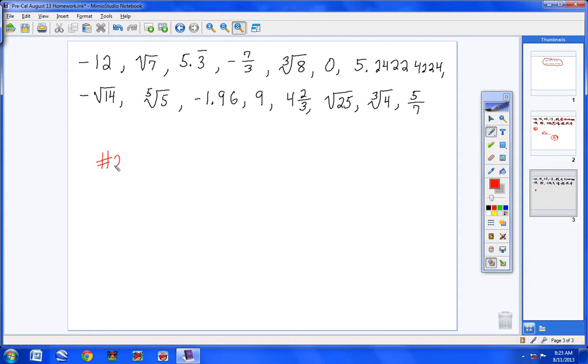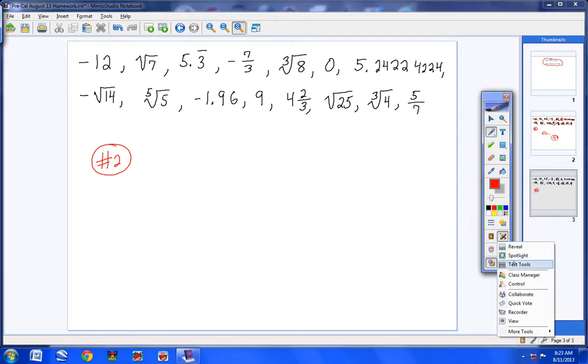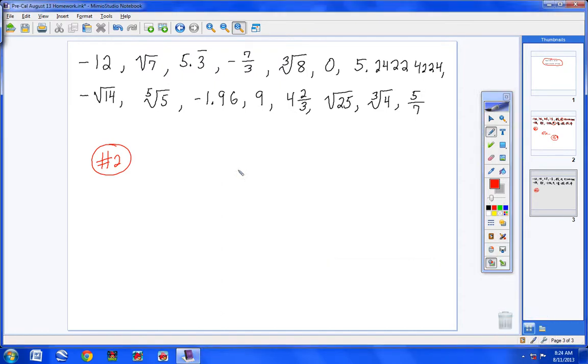Alright, problem number 2 says which ones are the integers. If you look at your definition, integers would be negative numbers like -3, -2, -1, and then 0, and then 1, 2, 3, and continuing on.